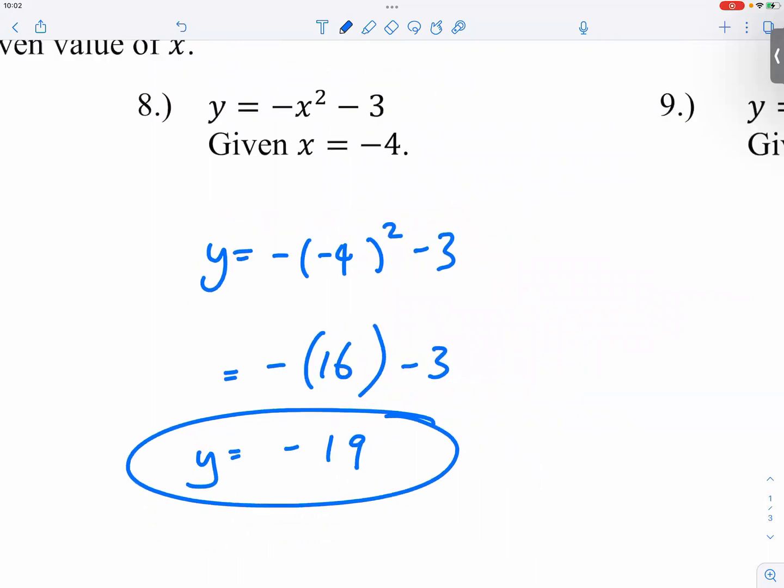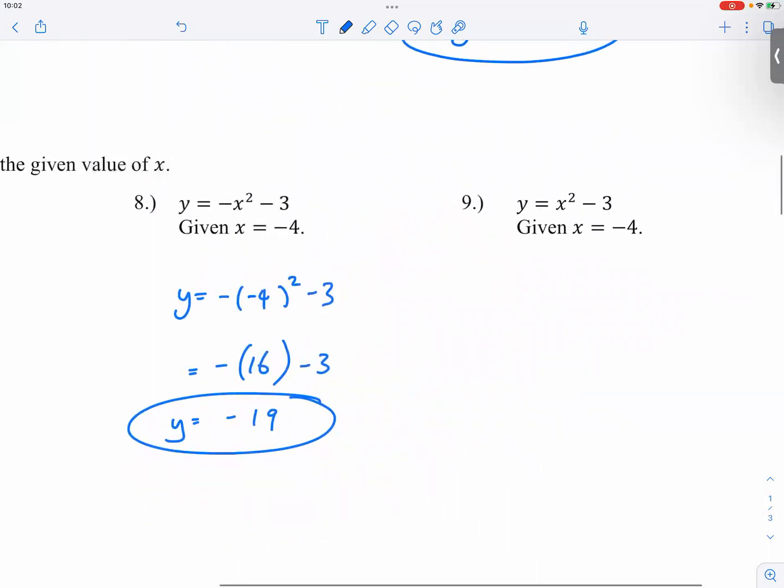So practicing good notation would be very useful, very helpful. And for number 9, again, use parentheses. I'm going to let you take care of it. Is it also negative 19?